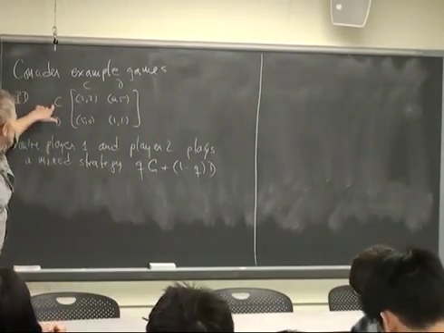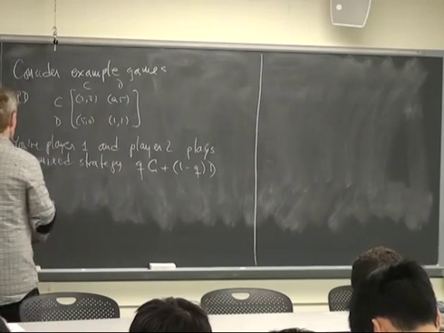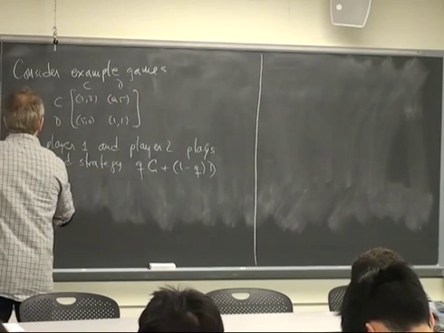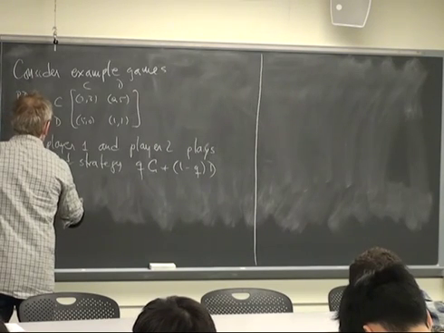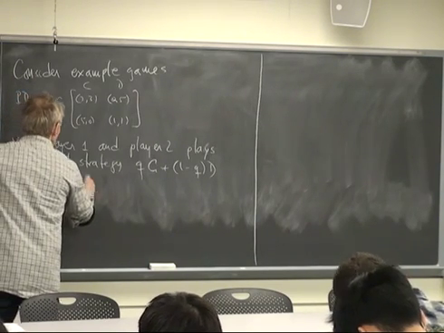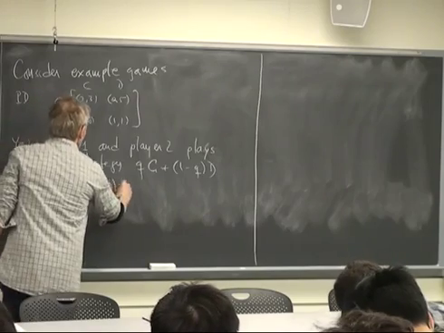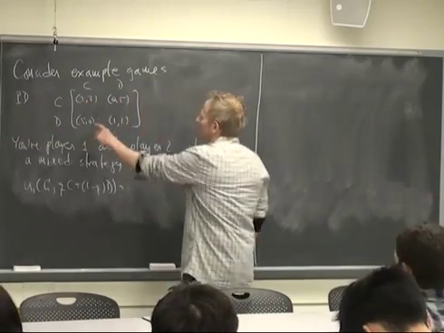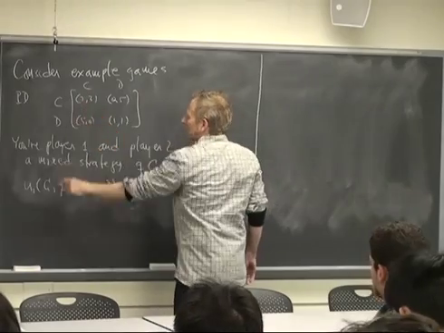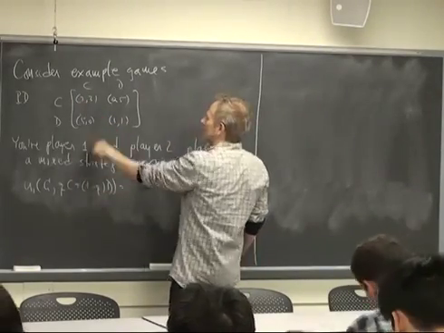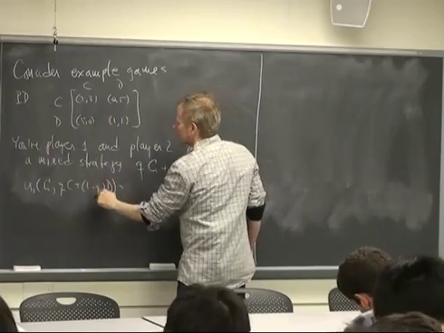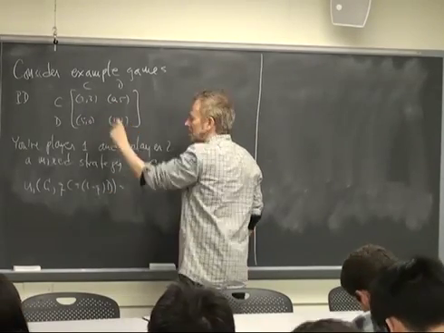Your payoff to playing C against that strategy, so U1 of C against that strategy, QC plus 1 minus QD, is equal to what? It's equal to Q times the payoff to the outcome CC plus 1 minus Q times the payoff to the outcome CD.